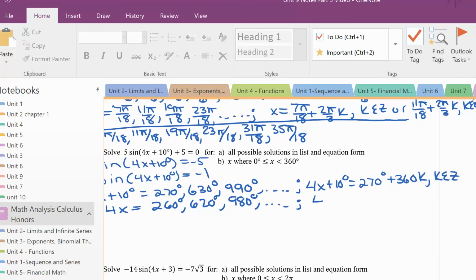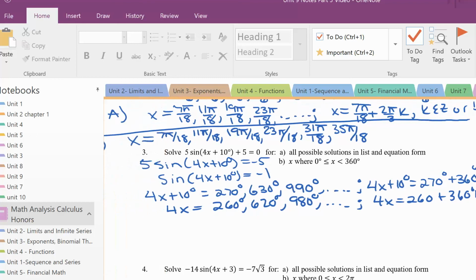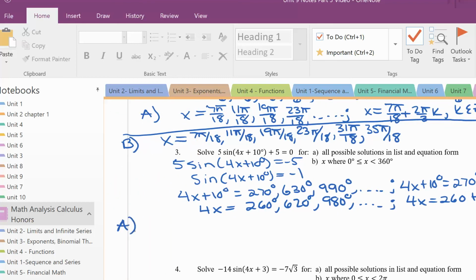So 4x is equal to 260 degrees plus 360 degrees times k, where k is an integer. And then you divide by 4 to get part A, because part A is all the solutions and the list and the equation. So you divide by 4, you get that x is equal to 65 degrees, 155 degrees, and 245 degrees.